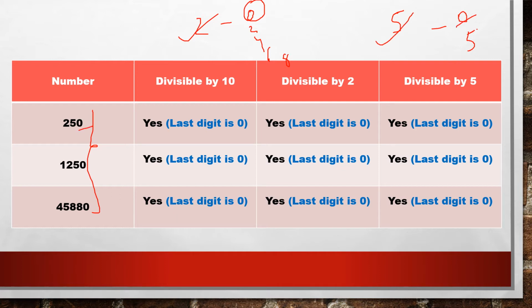So simply we can say it is divisible by both 2 and 5. Here also it is divisible by 2 and 5, and here also. It means the number which is divisible by 10 is also divisible by 2 and 5. Okay, let us go to the next problem.